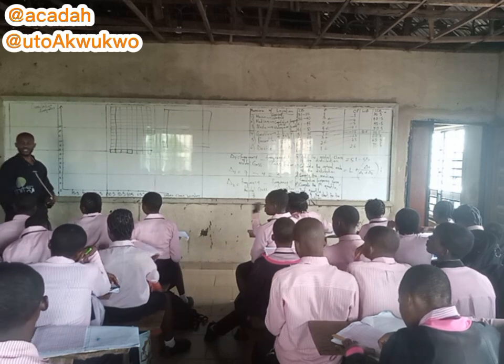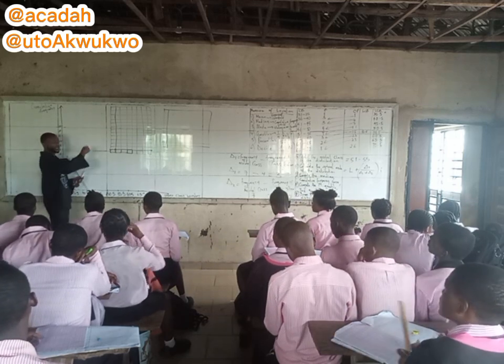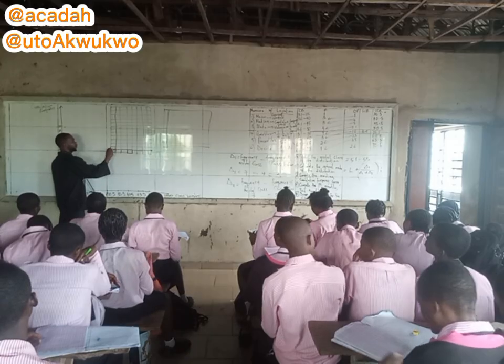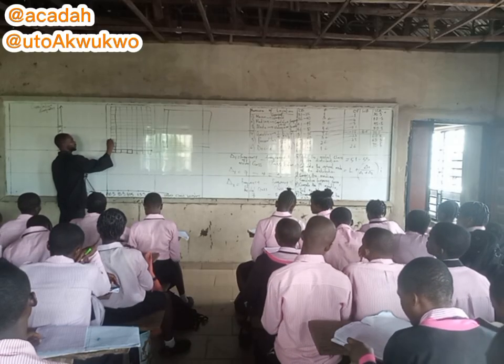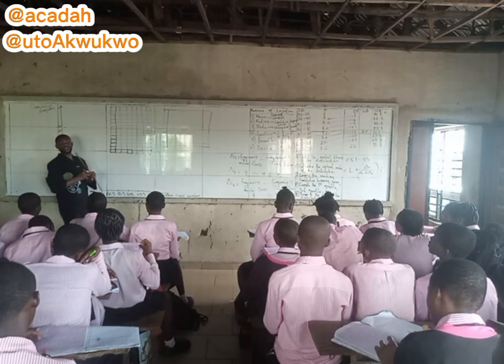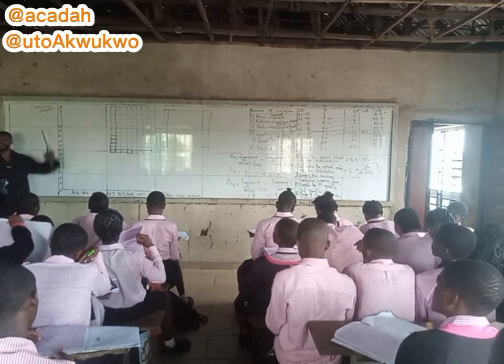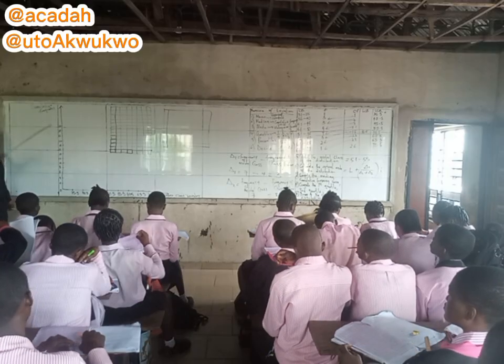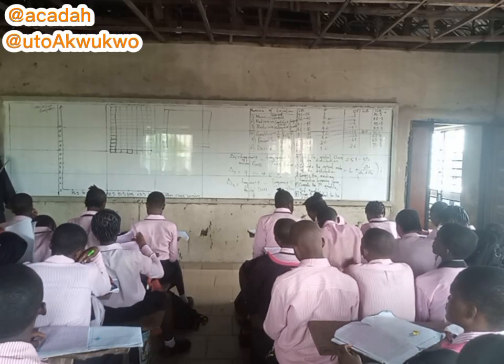So for this big one, you always have vertical 12. You get 12 boxes vertically. So what it means is that the row, you have 10 boxes. The column, you have 12 boxes.